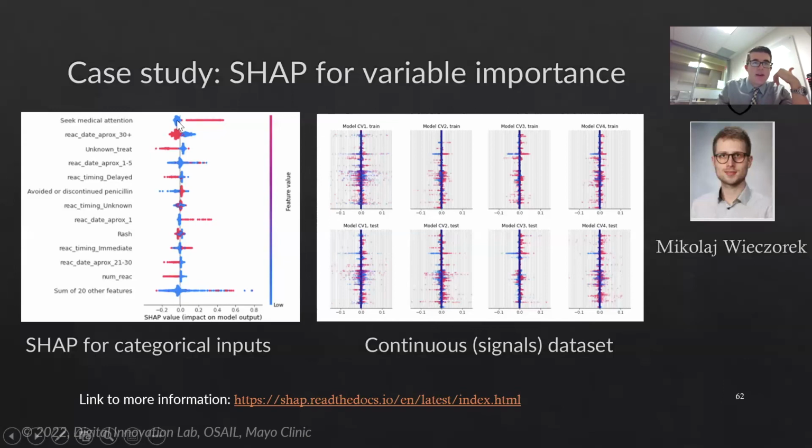The strength of the prediction: if the dots here are farther along the x-axis, that means that this variable is more important. And then it indicates whether or not it's contributing to a positive or negative prediction. So this tells us, for example, that some of these, like reaction timing, are less predictive. Things like whether or not they sought medical attention are more predictive.